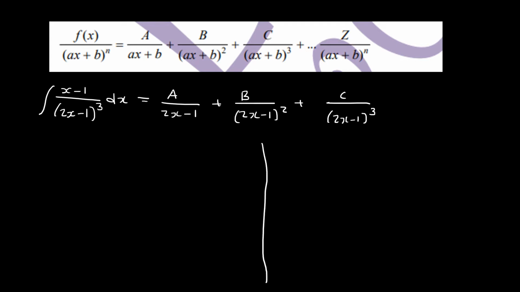So we must expand it to a over (2x minus 1) exponent 1, plus b over (2x minus 1) exponent 2, plus c over (2x minus 1) exponent 3. Then 3 is the maximum. You end there. So I'll divide this into 2 so we can work out our solution.